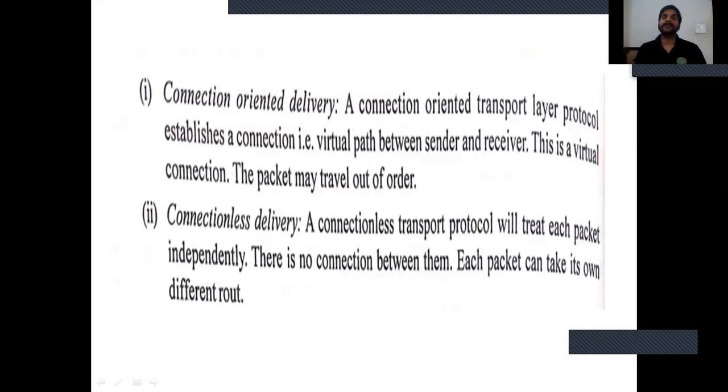Connectionless delivery means a connectionless transport protocol treats each packet independently. There is no connection between them, and each packet can take its own different route. Both are explained in unit one under packet switching. Connection-oriented delivery is the virtual circuit approach and connectionless delivery is the datagram approach.